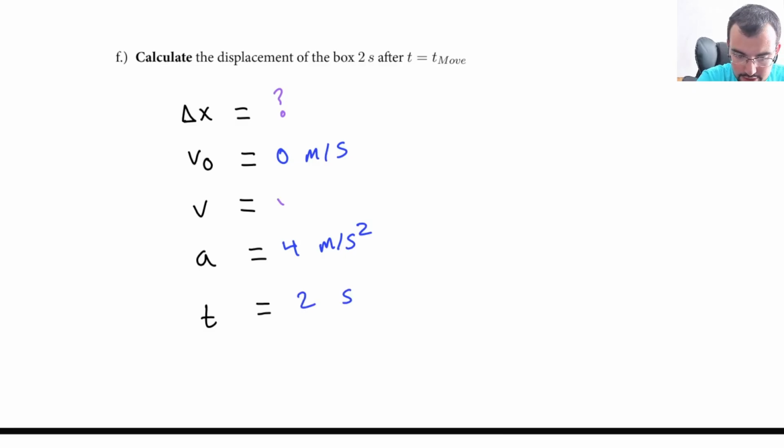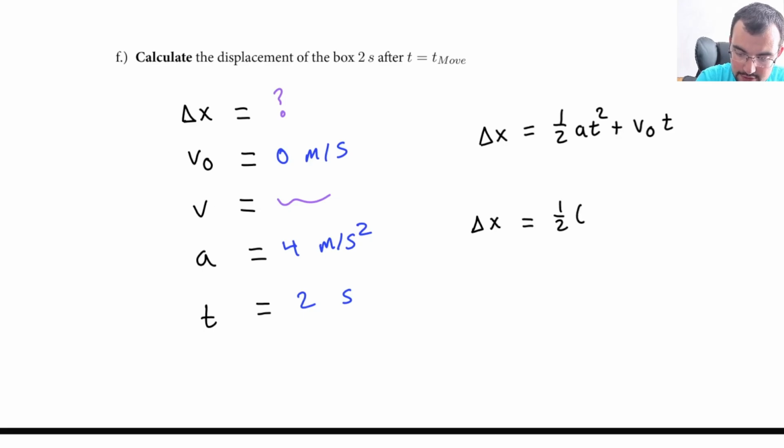So that means vf is the unknown quantity that we don't care about. So the vf-less equation is our good old friend, delta x equals 1/2 a t squared plus v0 t. So delta x would be equal to 1/2 times 4 times 2 squared plus 0. And that would be 2 times 4, so 8 meters. Nice clean answer there.